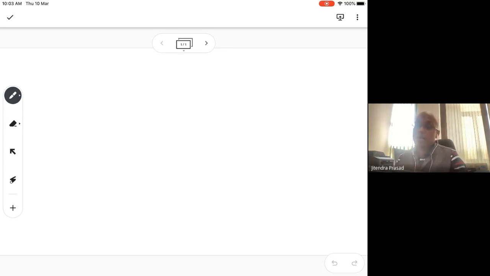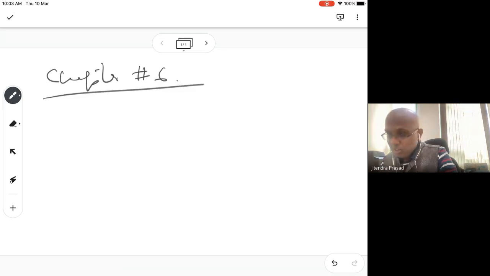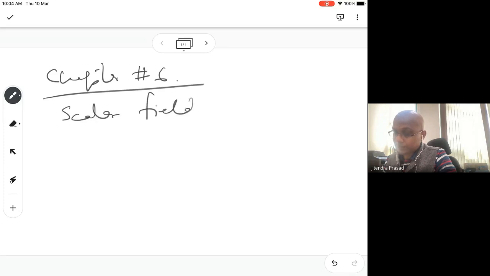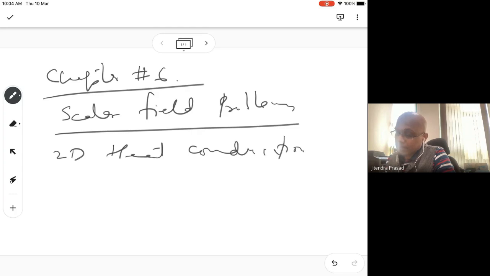We have started chapter 6, and we are into solving what we call a scalar field problem. Yesterday we derived the 2D heat conduction problem for isotropic conductivity.